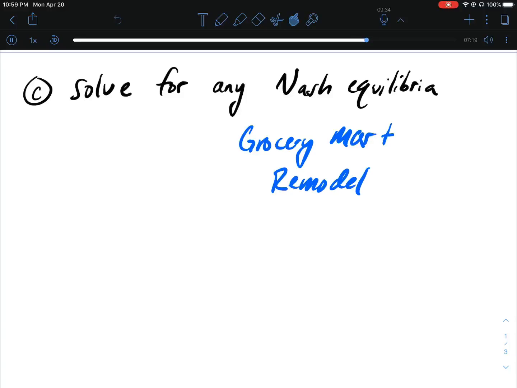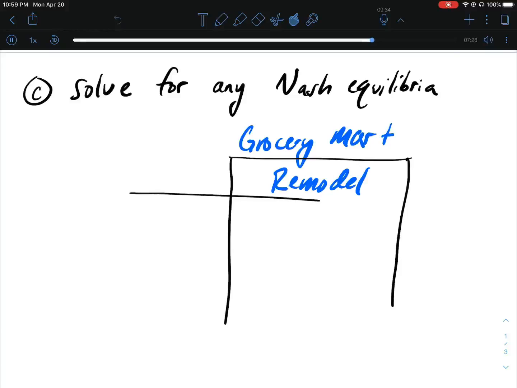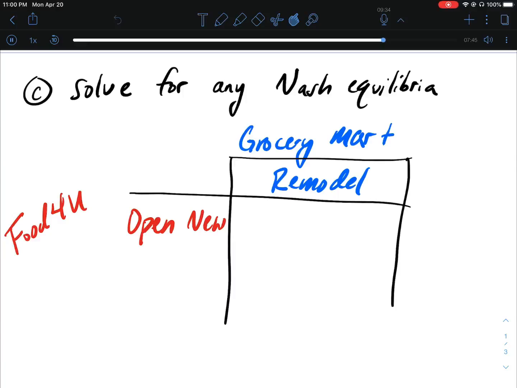So since Grocery Mart only ever chooses to remodel, we're only going to have one column, and that's where Grocery Mart remodels. And Food for You, they have only one dominated strategy, so we're still going to have two rows. We're going to have a row for open a new store and a row for remodeling.